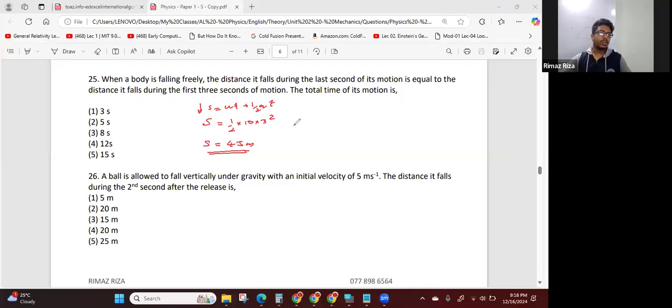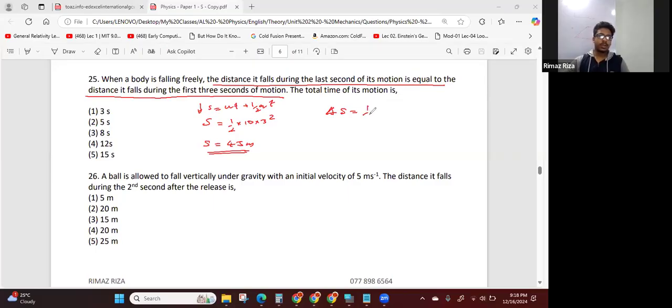Okay. So then that delta S we can find. The distance it falls during the last second of its motion is equal to the distance it falls during the first 3 seconds of motion. So in first 3 seconds it will travel 45 meters. So the same distance it will cover in the last second. Okay.